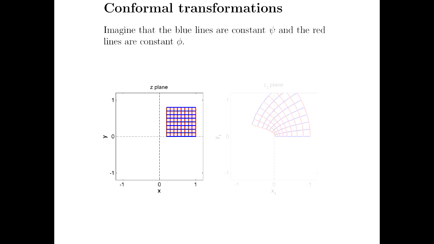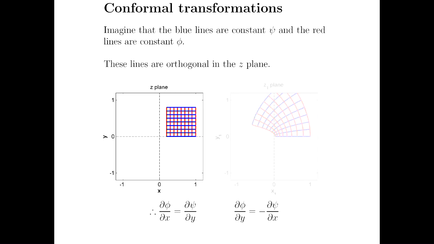Let's imagine the blue lines are lines of constant psi and the red are lines of constant phi. Since they're orthogonal in the z-plane, I get this relationship here. Can you tell me what this special relationship is? The Cauchy-Riemann equations, right? So we can write the equations in this form.